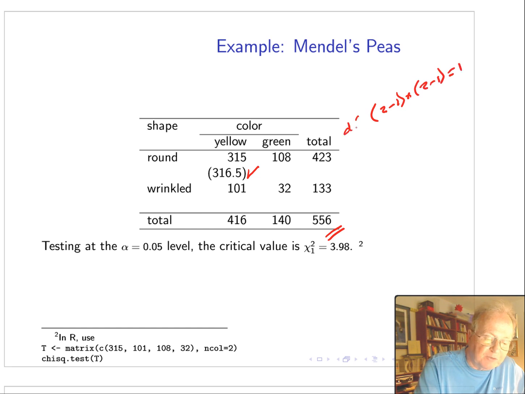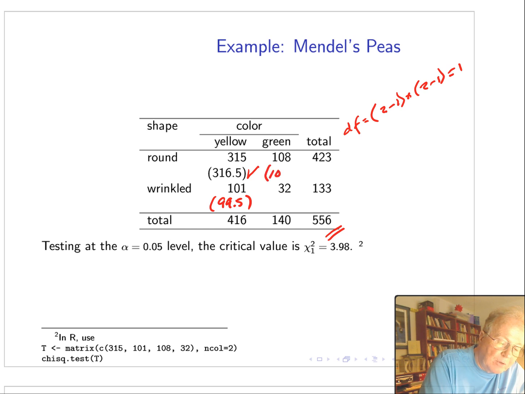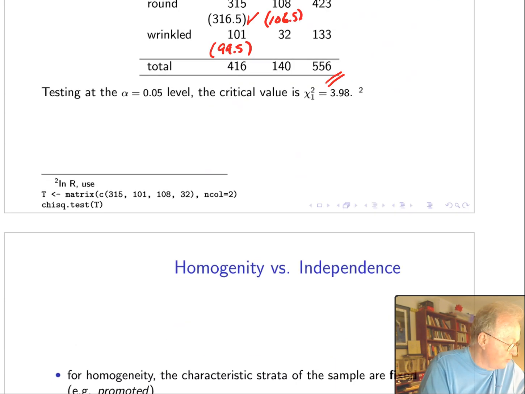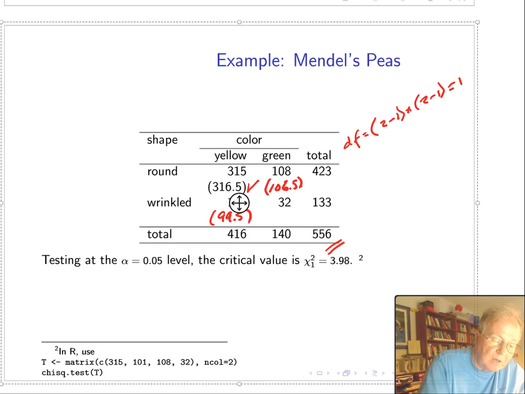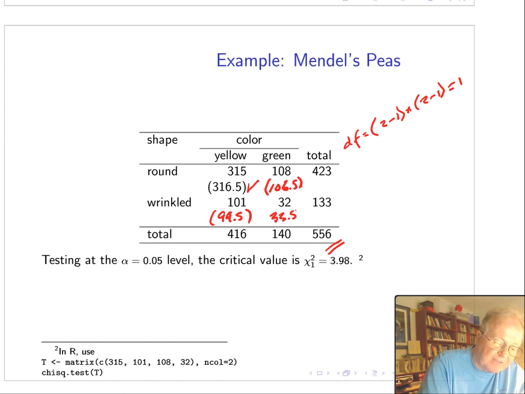So if I know the round yellow expected count is 316.5, and I subtract that from the column total, I'm going to get 99.5. If I subtract 316.5 from the row total, I'm going to get 106.5. And now, if I take the 106.5 from the 140, I'm going to get 33.5.